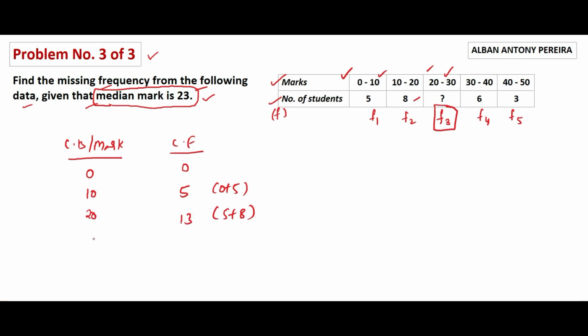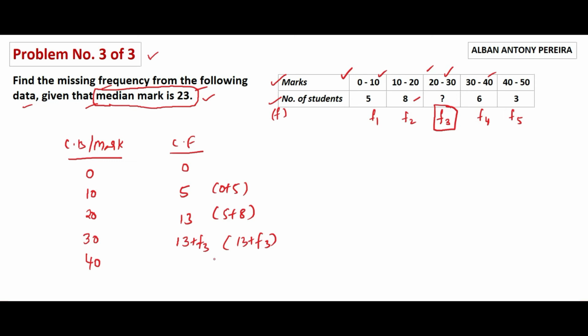Next mark is 30 and the cumulative frequency will be 13 plus F3, right? We do not have the answer of frequency 3, so just write it as it is, 13 plus F3. Next one is mark 40.